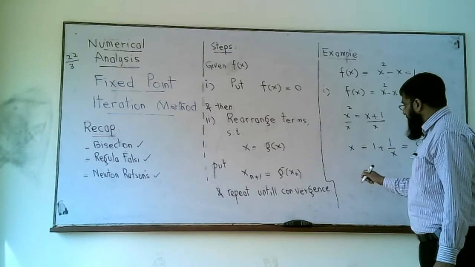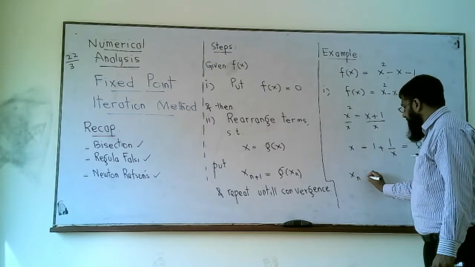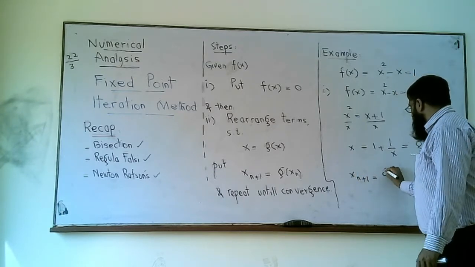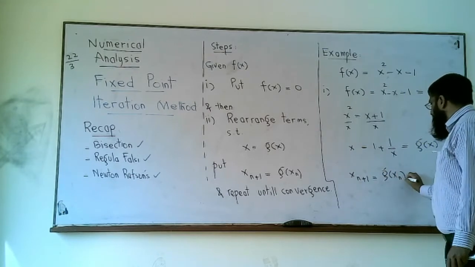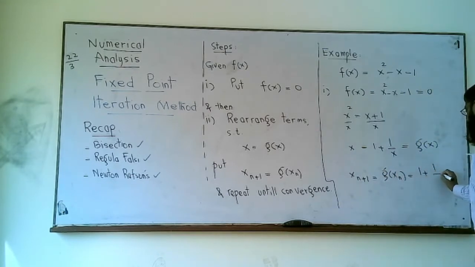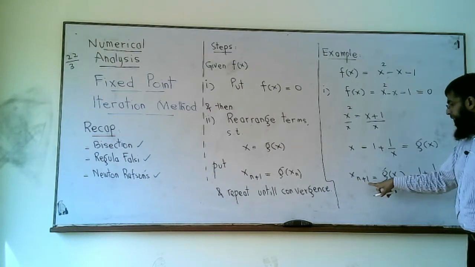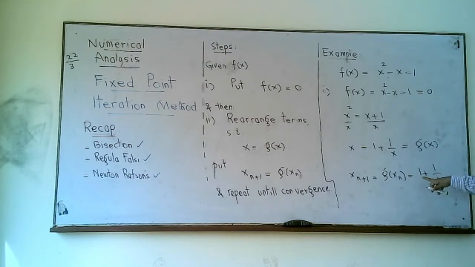So we can write x sub n plus 1 is g of x sub n, meaning 1 plus 1 over x sub n. At the nth iteration, if you are given a value of x, we'll put that here, and x at the n plus 1th iteration would be computed by this expression, 1 plus 1 over x sub n.